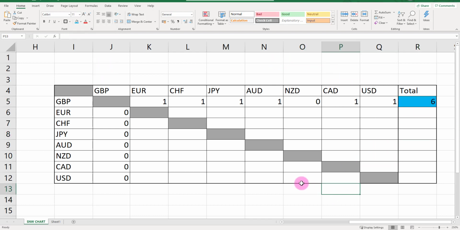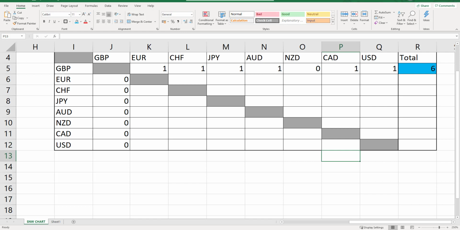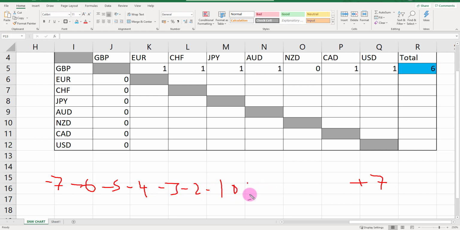Now, as I've said before, we work this strength and weakness chart on a meter. So it's -7 to +7. Now, obviously you have in between -6, -5, -4, -3, -2, -1, 0, 1, 2, 3, 4, 5, 6.